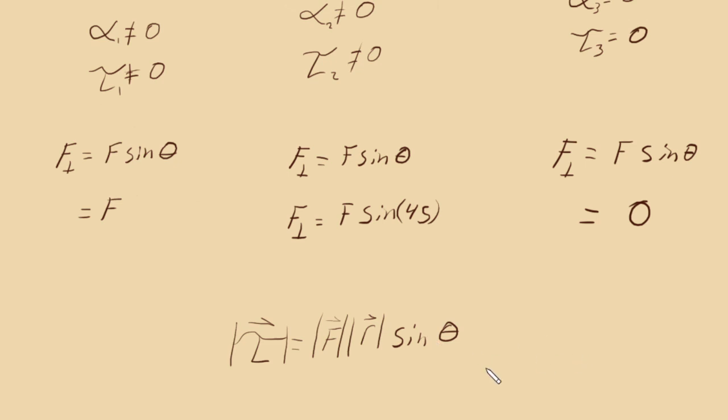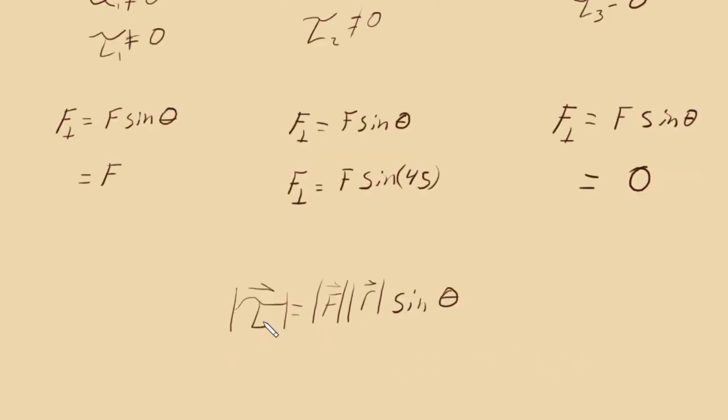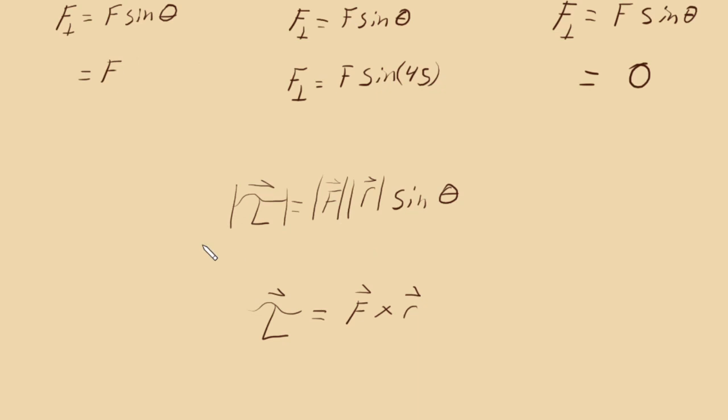So what we can conclude is that the magnitude of torque is equal to the magnitude of force times the magnitude of our radius times the sine of theta. Or, if you remember, that is also the representation of our cross product. So torque actually comes out to equal tau equals the force vector crossed with the radius vector, or the position vector.